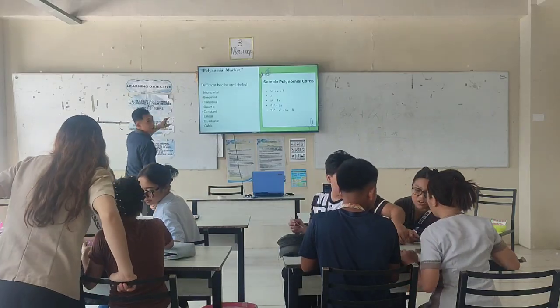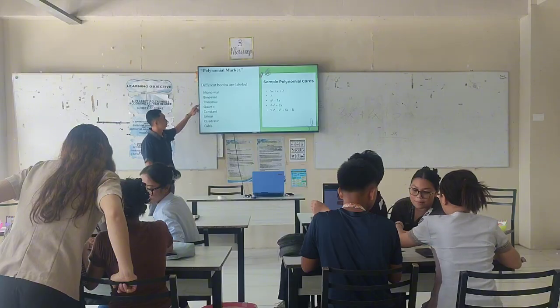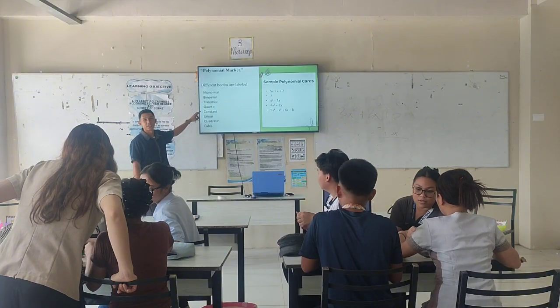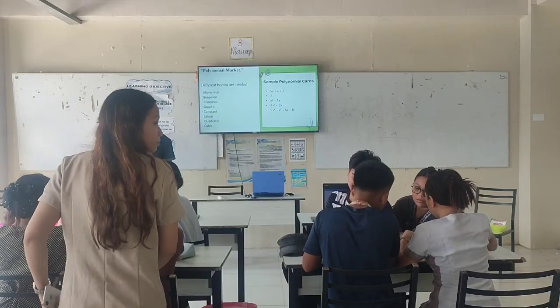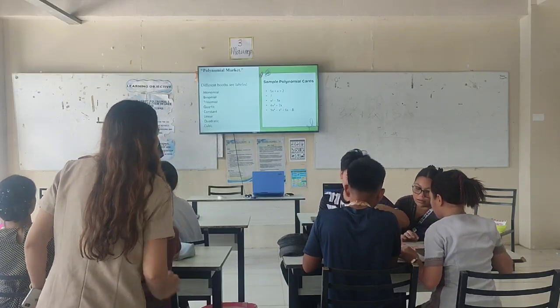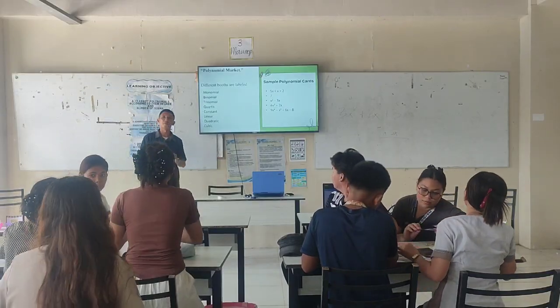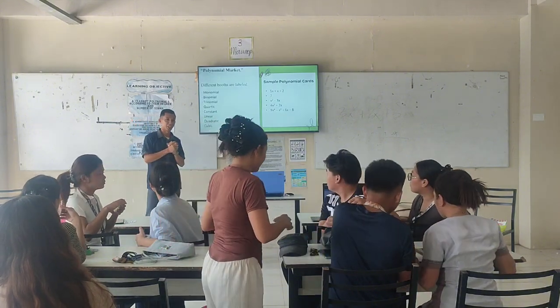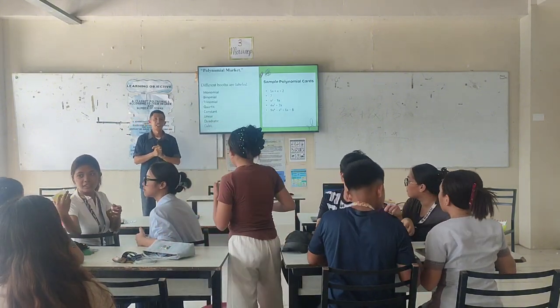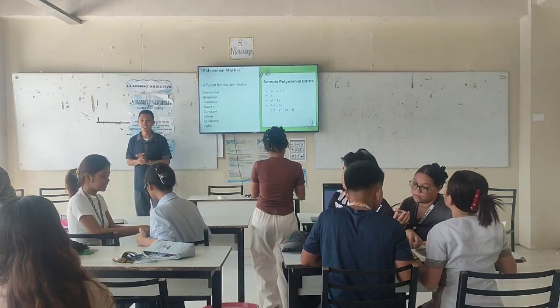As you can see on the board, we have the monomial, binomial, trinomial, quartic, constant, linear, quadratic, and cubic. So in this session, we have different types of market. Every product you must put according to their term and degree, for their stations.